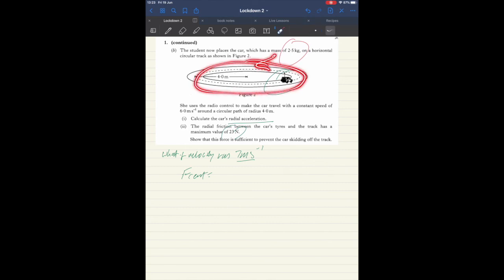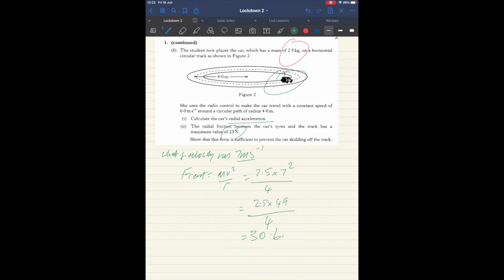We use F cent equals m v squared over r again, which is 2.5 times 7 squared over 4, and that gives you a total of 30.6 newtons. So the required centripetal force is 30.6 newtons.